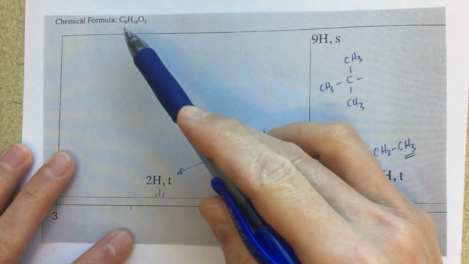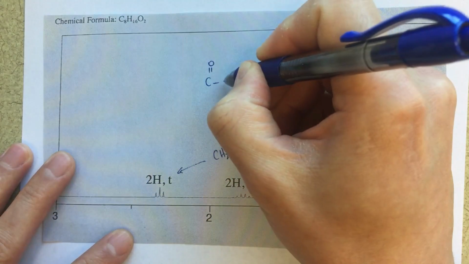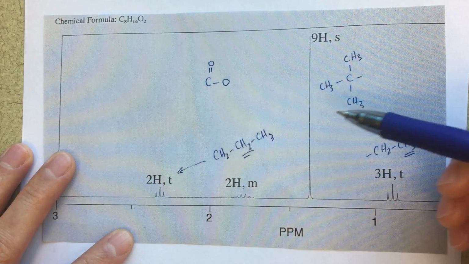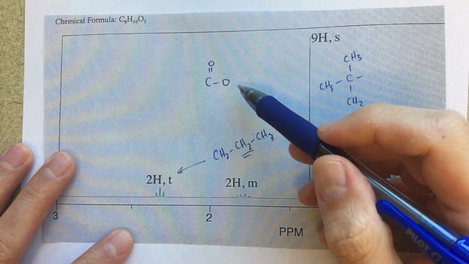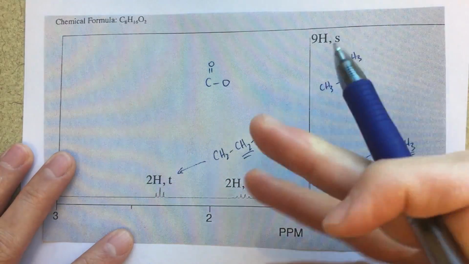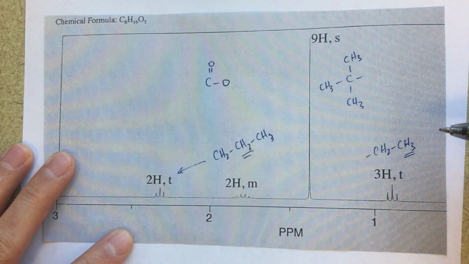So if I need a carbon plus 2 oxygens, to me that suggests something like this, right? If I've got that carbonyl carbon bonded to another oxygen, then if I have this somewhere in between, that's going to account for all of this NMR.